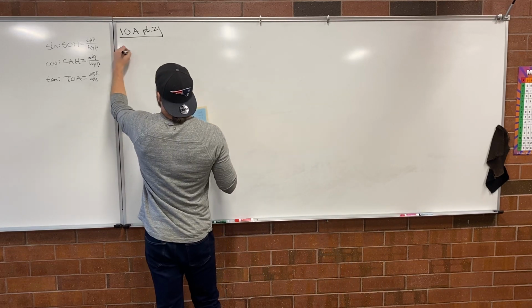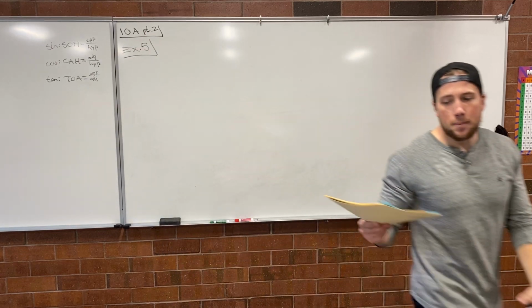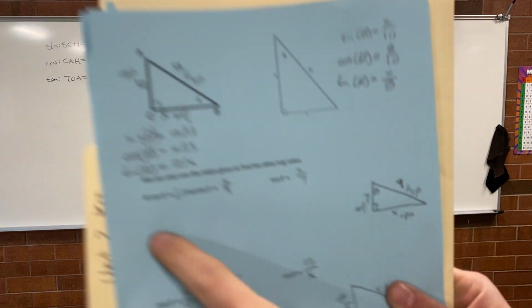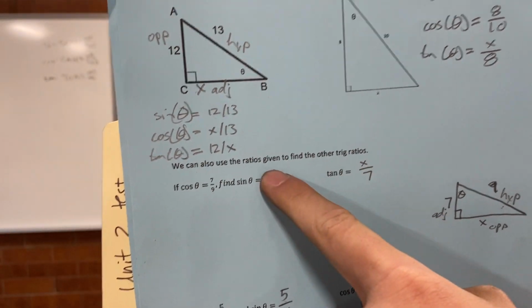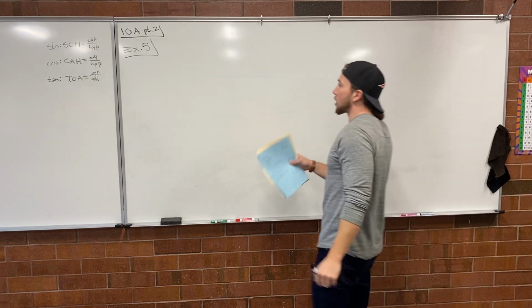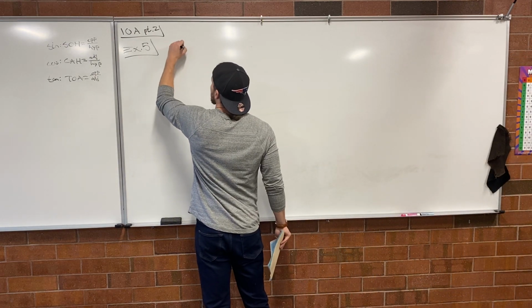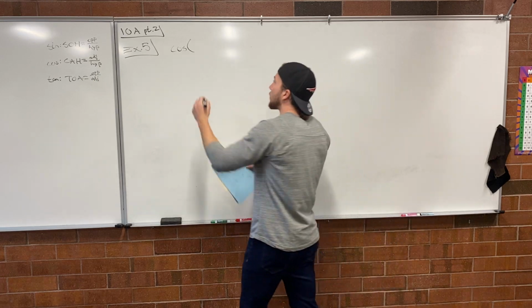Okay, so example 5. Example 5 is going to be what we're doing down here. We can also use the ratios given to find other trig ratios. Okay, so what is given is cosine of theta is 7 over 9.